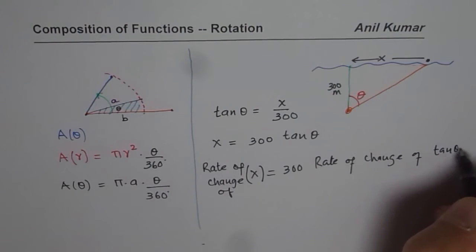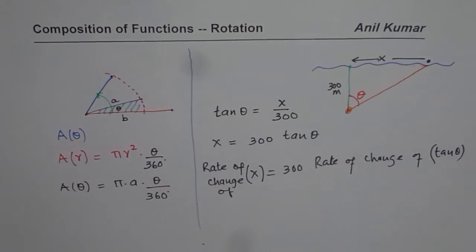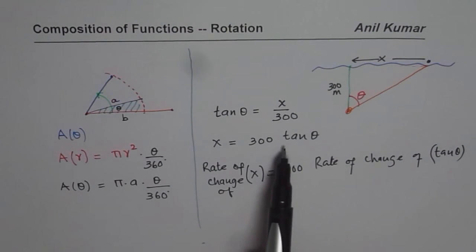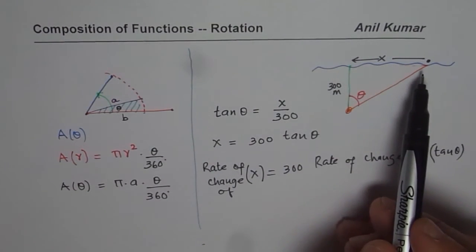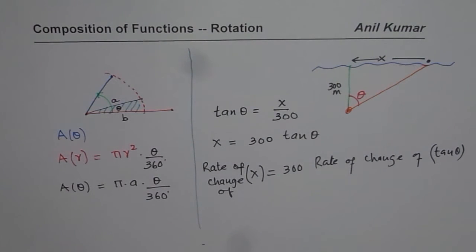Do you understand? So if I know the rate at which this light is revolving, then with the help of this particular equation, I can find the rate at which it is sweeping any point along the shore. You get the concept, right?